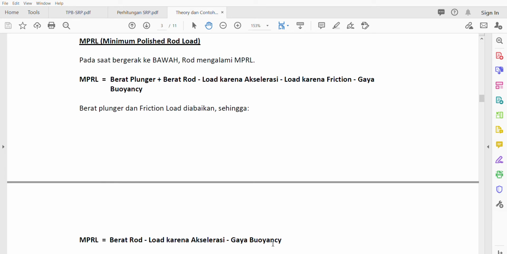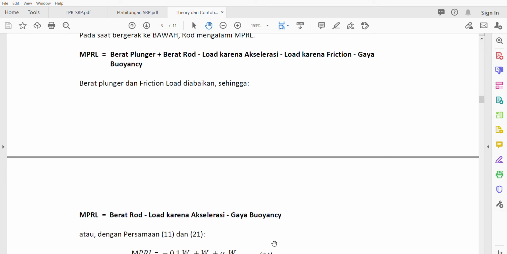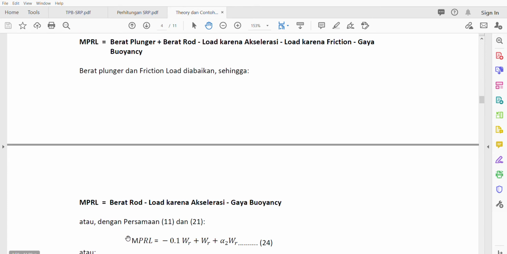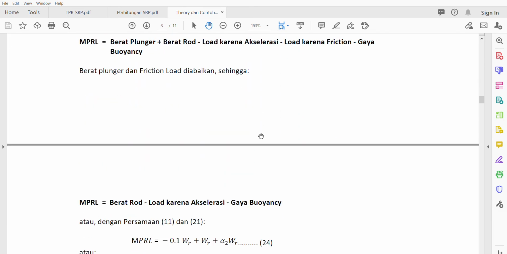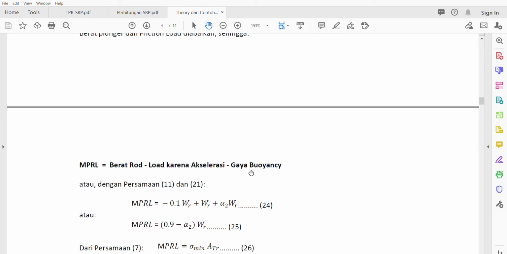Okay, this is the minimum, and then it becomes this equation. Remember that from the above equation, from everything we wrote up there. So MPRL becomes this simple equation.